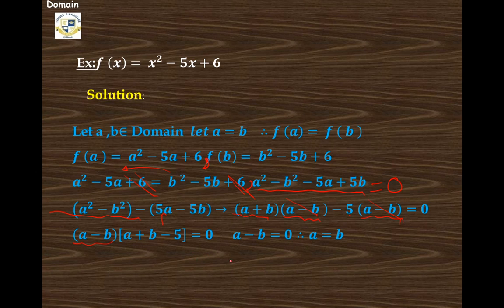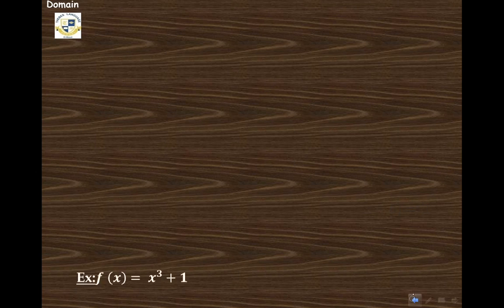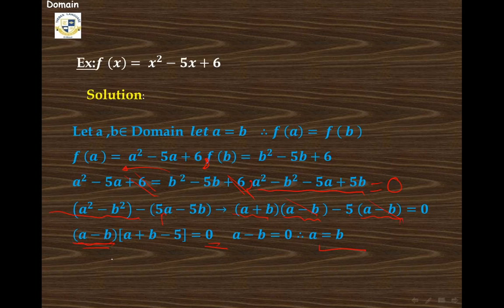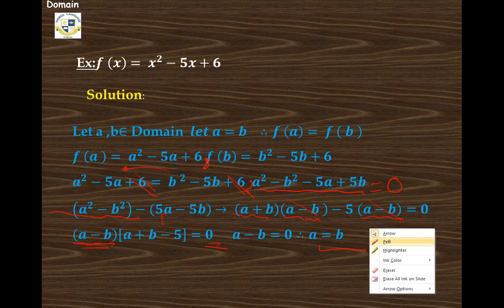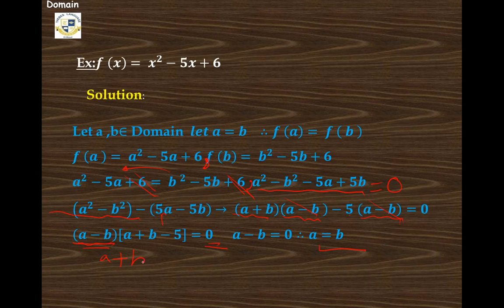5 equals 0. Therefore a minus b equals 0. Therefore a equals b. And a plus b minus 5 equals 0.